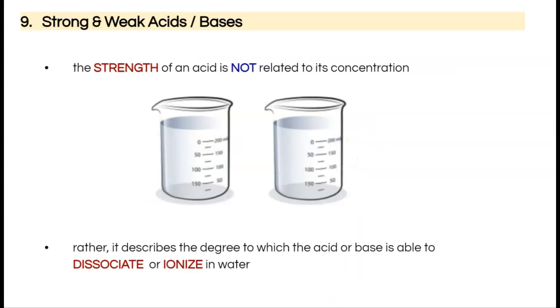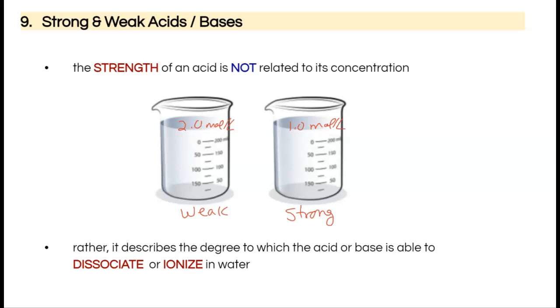So as we saw in the previous slide, the strength of the acid is not really related to its concentration. For instance, I could have a weak acid that had a concentration of 2.0 moles per liter, and I could have a strong acid with a concentration of 1.0 moles per liter, right?